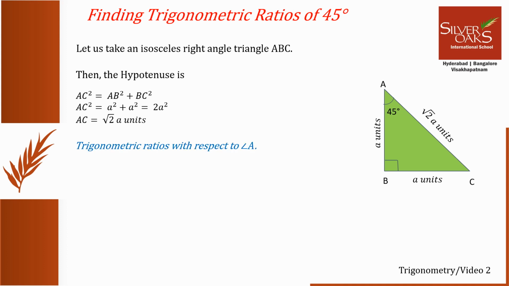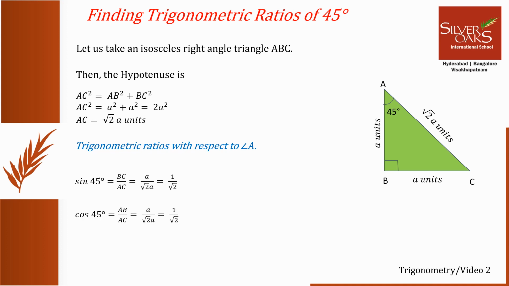Now let us write the trigonometric ratios with respect to angle A. Sin 45 degrees is opposite, which is BC, and hypotenuse AC. BC is A units, AC is root 2A, which is equal to 1 by root 2.